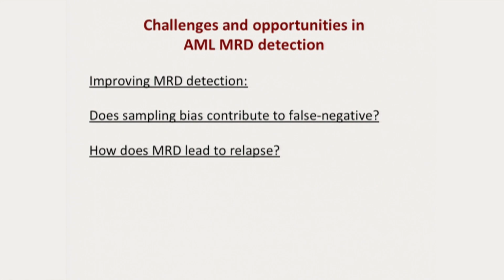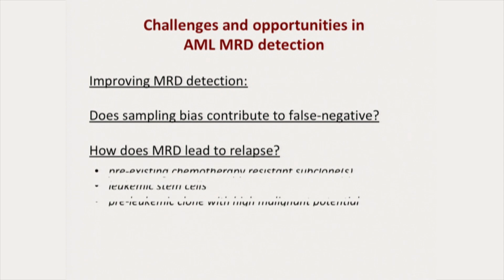The third question is, how does MRD lead to disease relapse? So we know not all the MRD is the same and not all the relapse is the same. So how does MRD become a relapse? There are different theories, and perhaps it's a combination of all those possibilities.